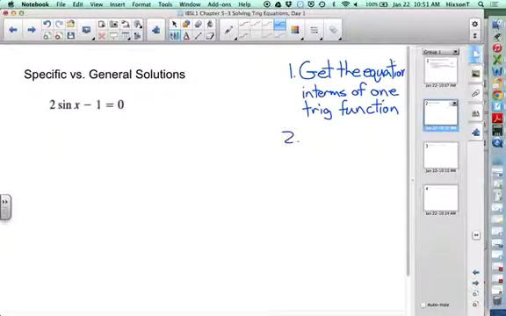Secondly, isolate that trig function, or in other words, get that one trig function by itself.